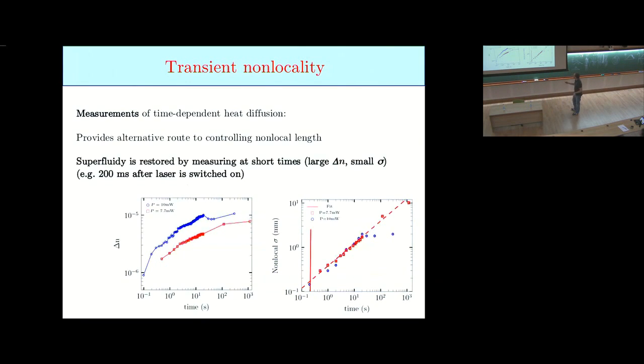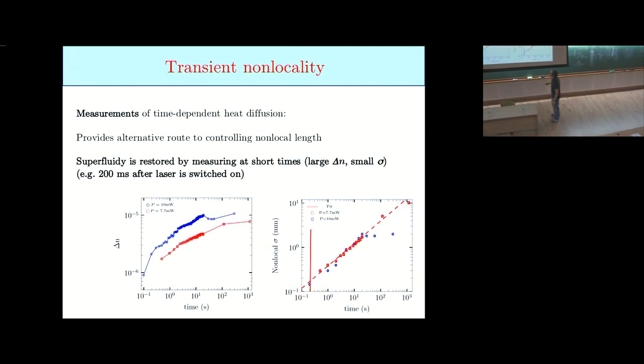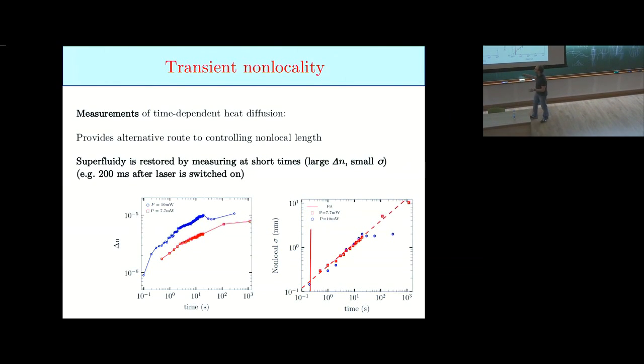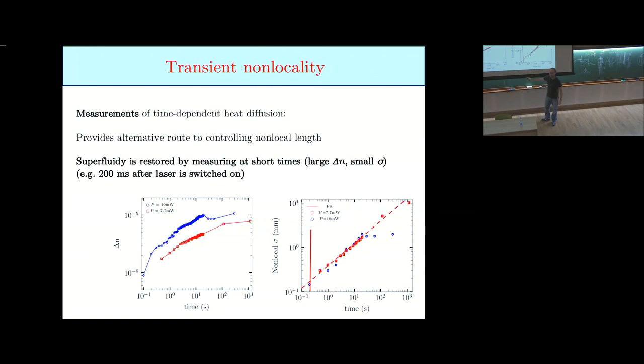But the interesting thing is that over time, on this bilogarithmic scale, the delta N actually doesn't change by too much. Here it's only changing by a factor of 3 or 4 at most. The non-local length actually changes by 2 orders of magnitude. So it allows me to choose a relatively large delta N, because it's not changing much, but I can go wherever I want along here and choose the non-local length that I want.